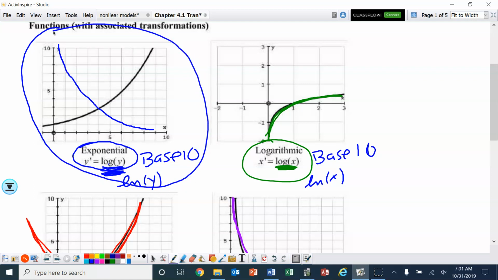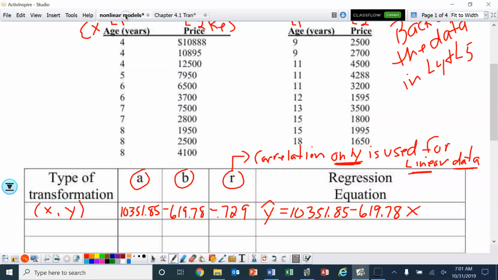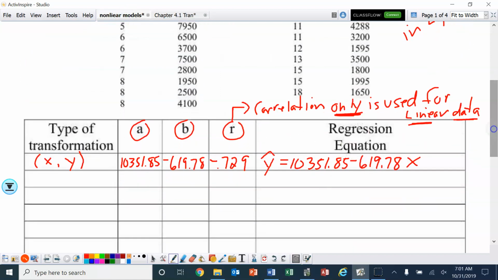So it's a potential exponential. So we got to go through the process and look at all of the information. All right. So the first thing we're going to do is we have to take the log of y. So let's go back to our paper. So we're going to leave x alone, but we're going to take the log of y.